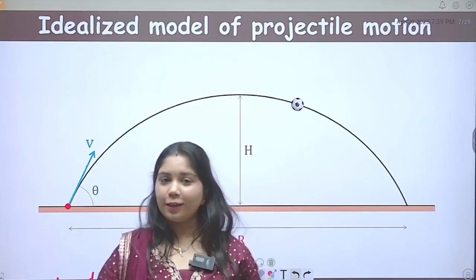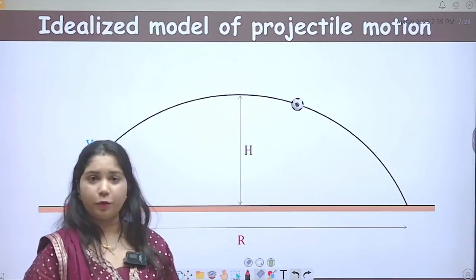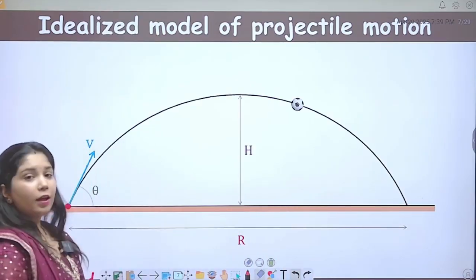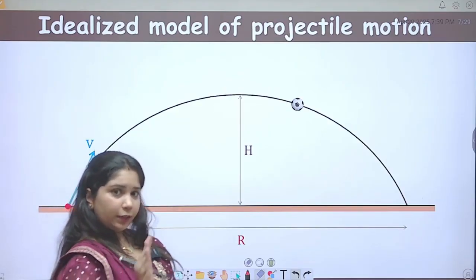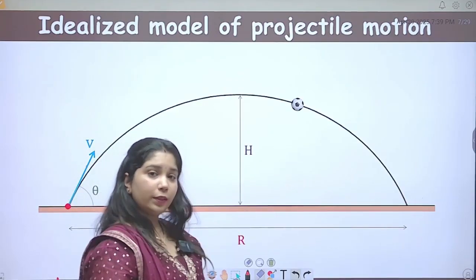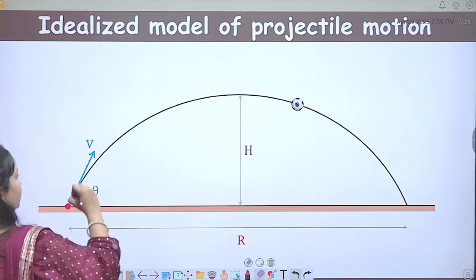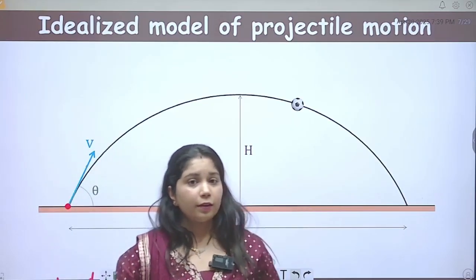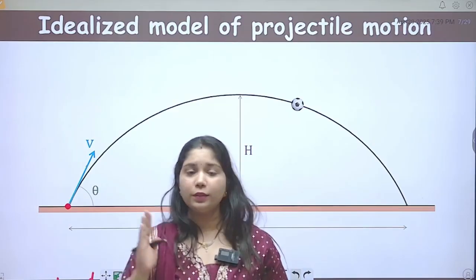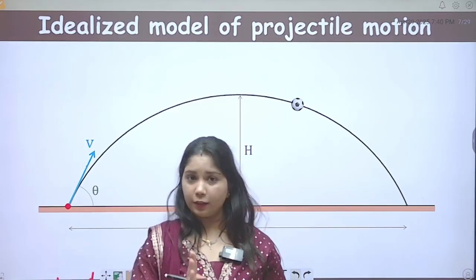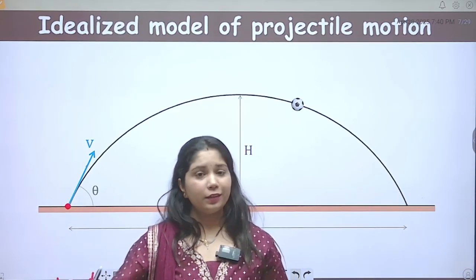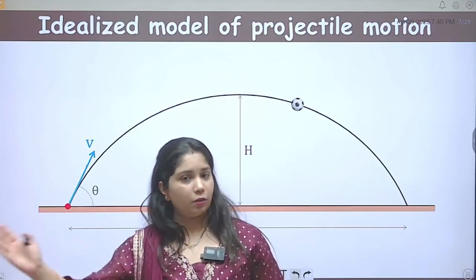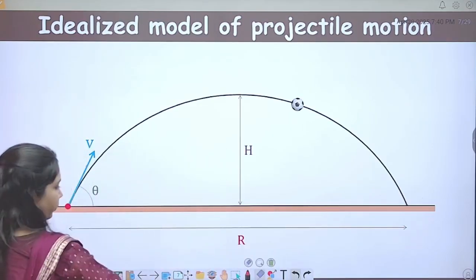Now, let's take a look at the idealized model of projectile motion. I told you an object is thrown with some velocity at some angle. This is the velocity and this is the angle. You know that a vector is resolved into its components, along the x direction and along the y direction.